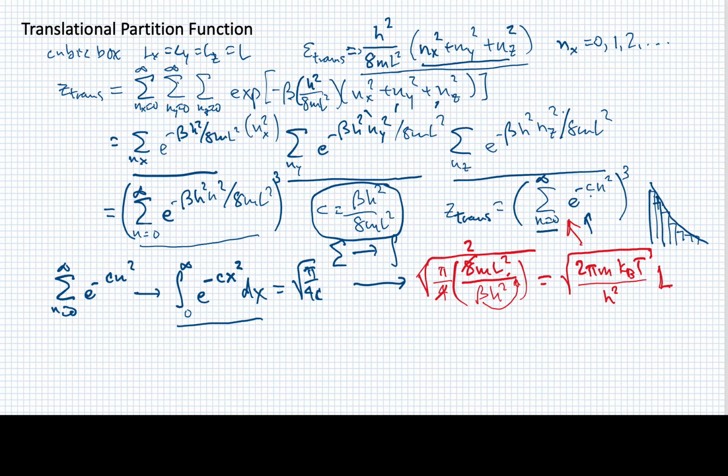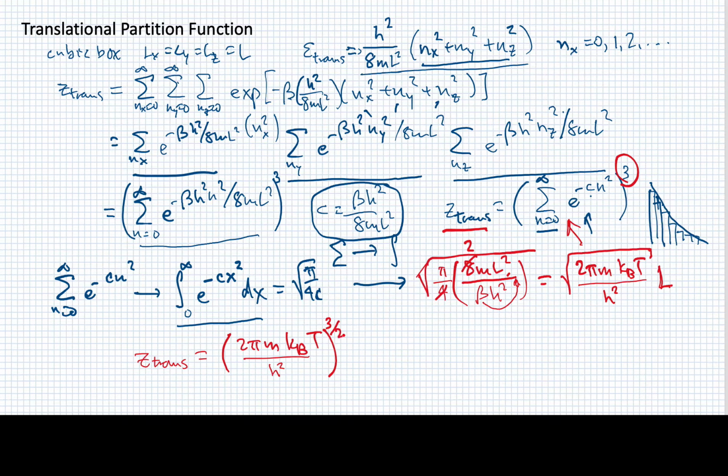So now if I want to write down the translational partition function, I need to cube it. So now when I write down z trans, I will end up with an expression. I'm going to use parentheses to indicate this a little bit more succinctly: kBT over h squared. That's just the stuff that was in the square root sign. A square root is the same as raising something to the power of 1/2, so when I cube it, I'm raising this to the power of 3/2.